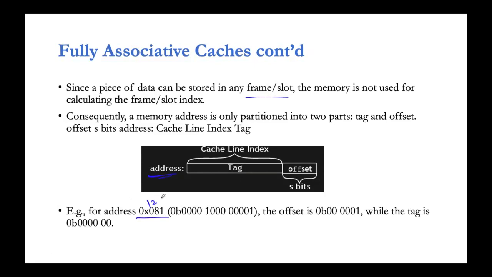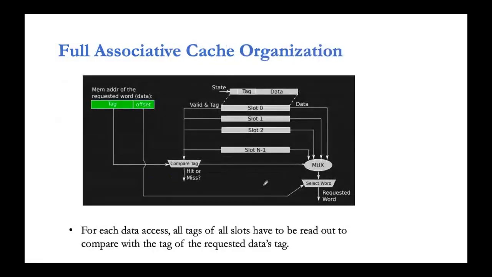Suppose for address 129, in the binary form, the last 6 bits are used for the offset, and the remaining bits will be used for the tag only. So in fully associative, there is no frame index concept. Why? Because any empty frame can be selected to store the newly upcoming cache lines.